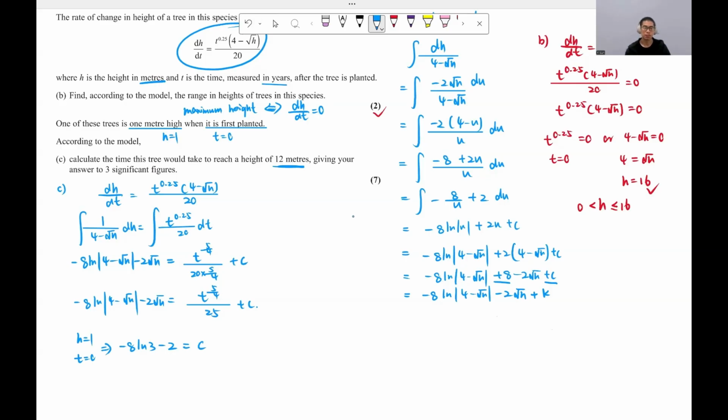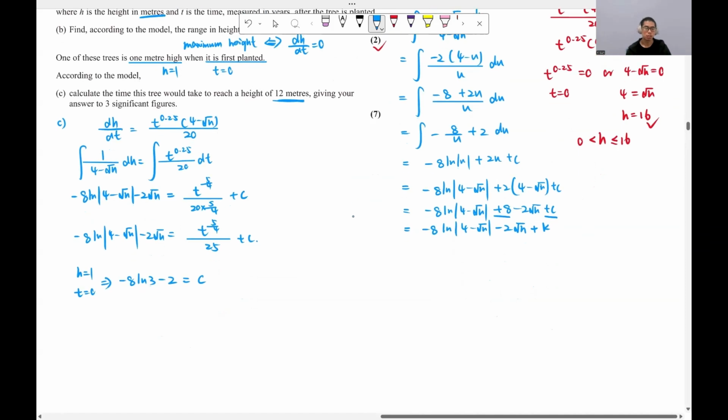So now we know the c value, which means the final equation in terms of t and h would be -8 ln (4 minus root h) minus 2 root h is equal to t to the power 5/4 divided by 25, minus 8 ln 3, and also minus 2.